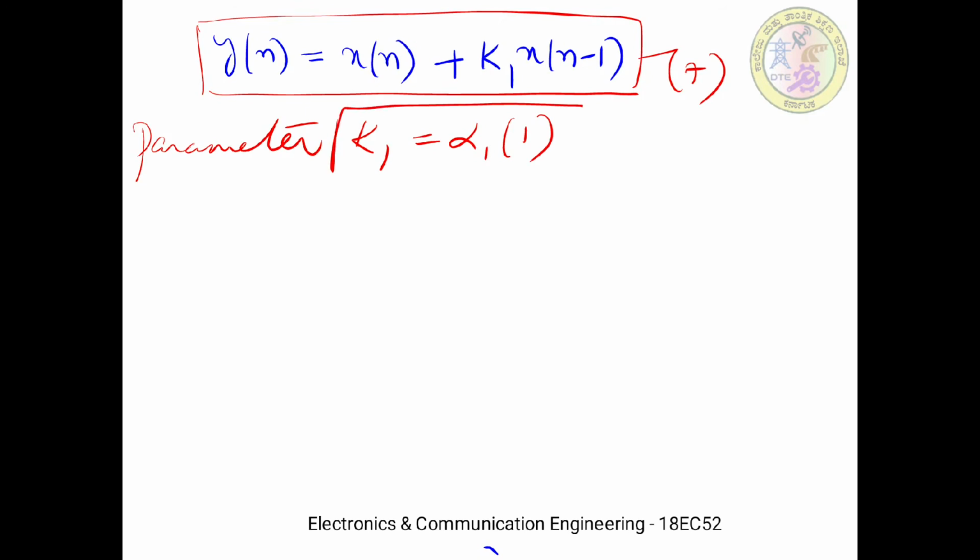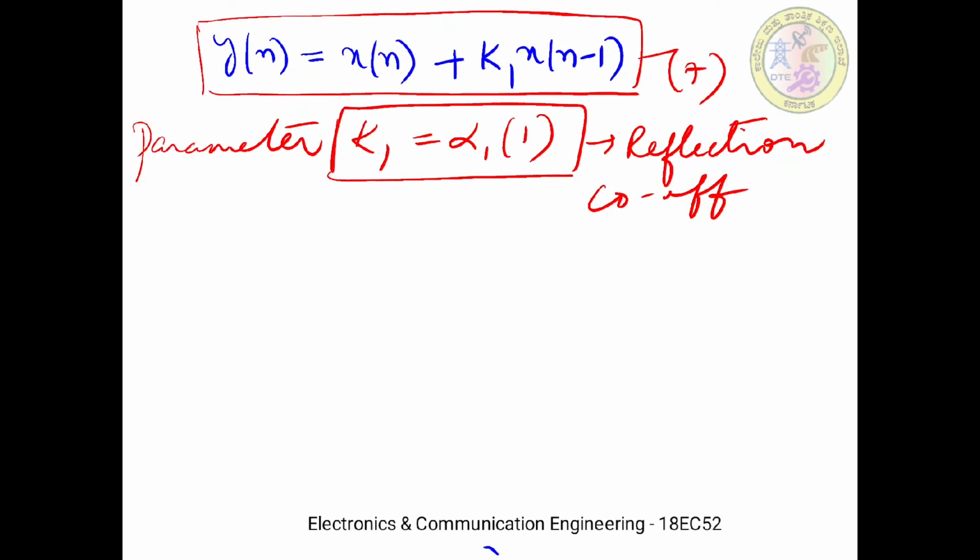The parameter k1, which is equal to alpha 1 of 1, is called the reflection coefficient. Other than this k1, equations 5 and 7 are identical to each other. Therefore the single stage lattice structure can be realized if we substitute k1 equal to alpha 1 of 1, when the order of the filter m is equal to 1.